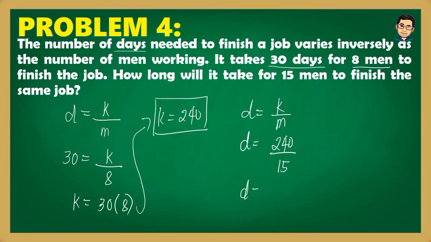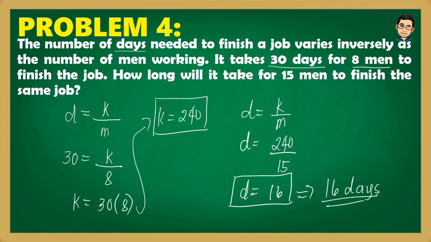And that is 16. To answer the question, it takes 16 days for 15 men to finish the same job. So, lagyan natin ng unit, 16 days. Ayan. Mahalaga din po yung paglagay ng mga unit, like for example, yung hours, days, minutes, kilometers, centimeters, inches.